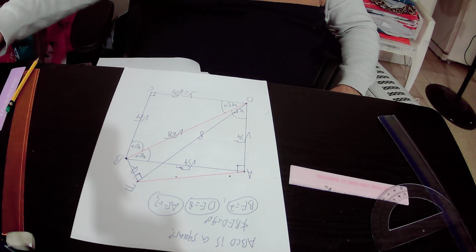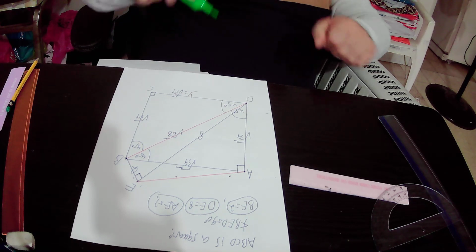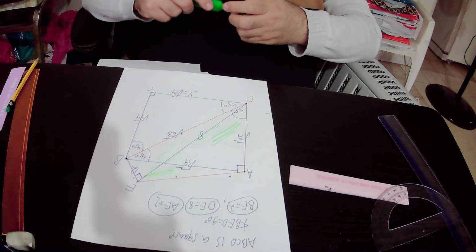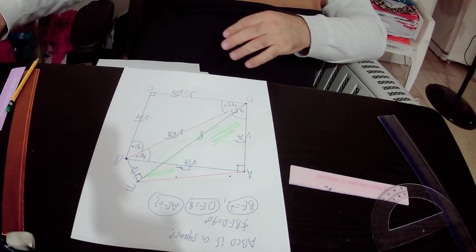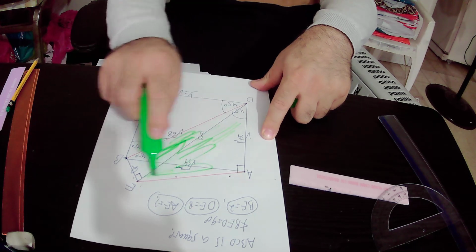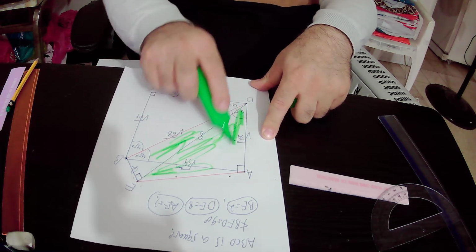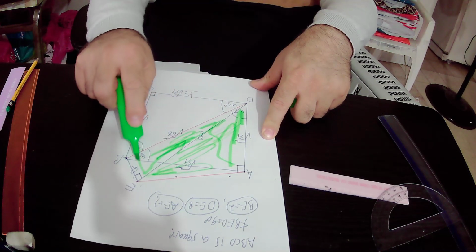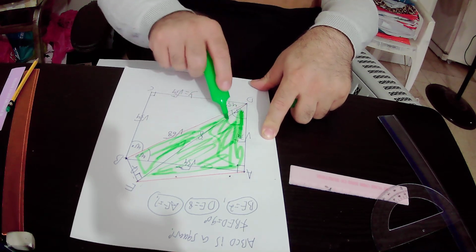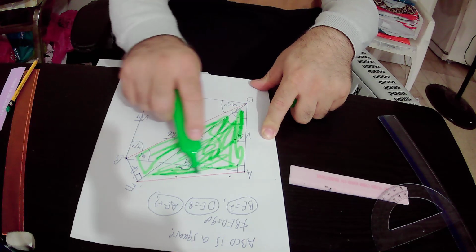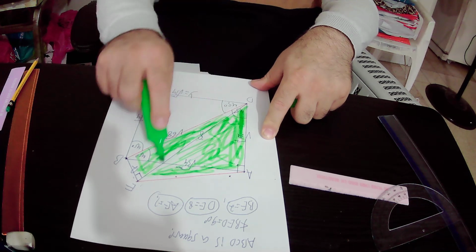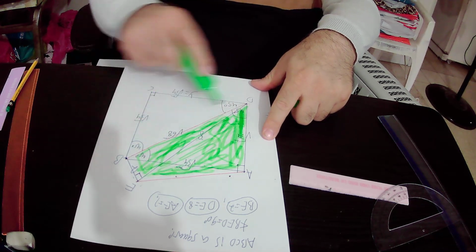So actually, the quadrilateral that I paint in the green color, quadrilateral AEBD, is inscribed by a circle, and the 4 points A, E, B, and D lie on that circle.